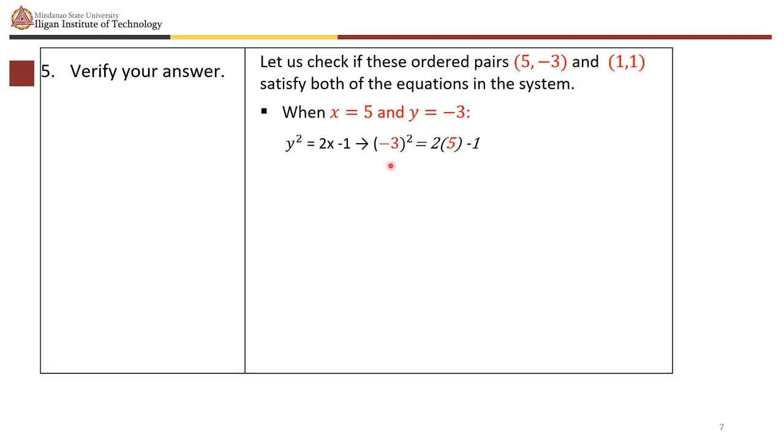So you will have negative 3, the quantity squared, equals 2 times 5, our x is 5, minus 1. And notice that negative 3 squared is 9, and this is equal to 2 times 5, which is 10, minus 1, which is also equal to 9. So that means to say it is true.